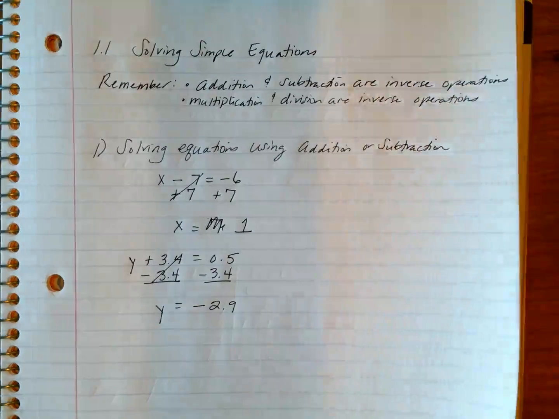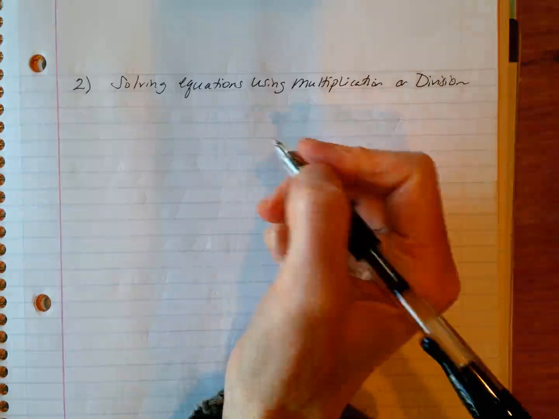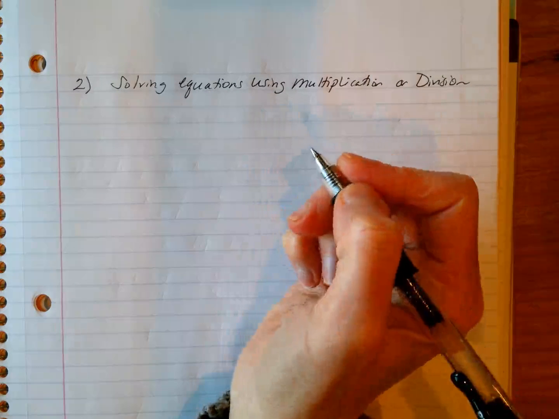All right, moving on to solving equations using multiplication or division. So the same idea here, I want to get variables by themselves, meaning that whatever is happening with that variable, I need to undo that.